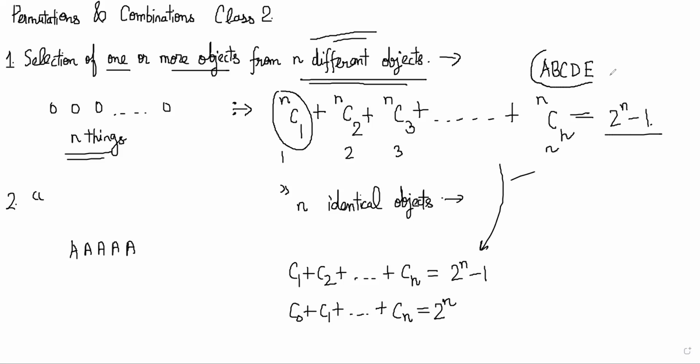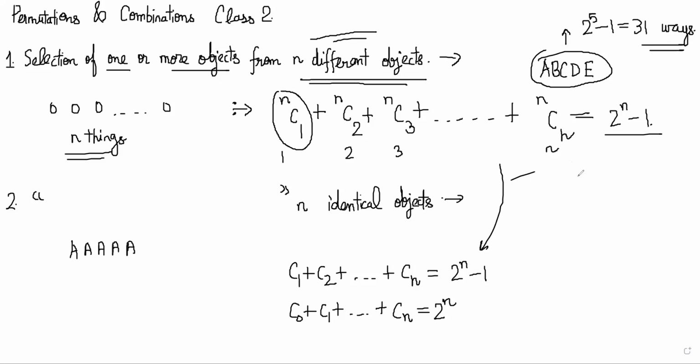So if someone says select one or more letters out of these A, B, C, D, E, then it can be done in 2 to the power 5 minus 1, or 31 ways. Why?